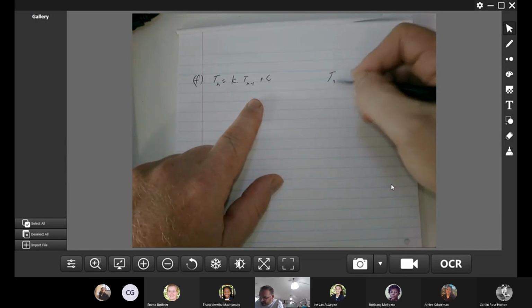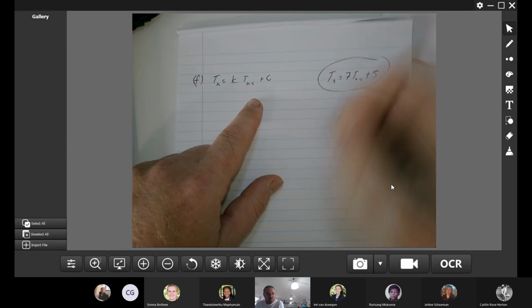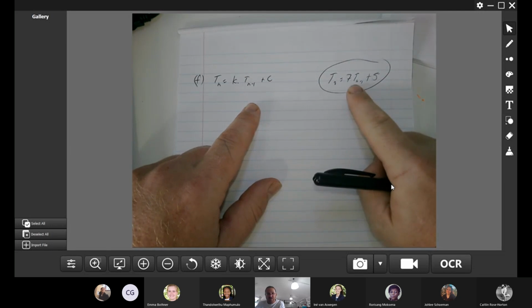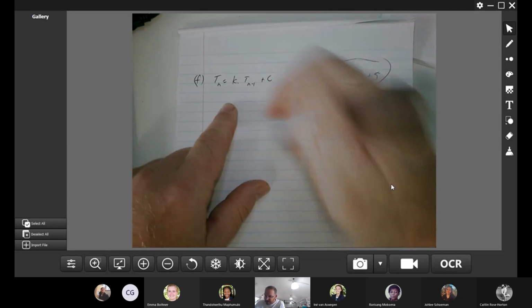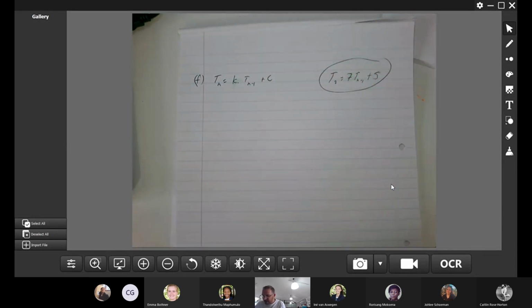In other words, Tn is equal to 7 times Tn minus 1 plus 5 is an example, where you're timesing a term by 7 and then adding 5. K is the number you're multiplying by, and C is what you're adding.